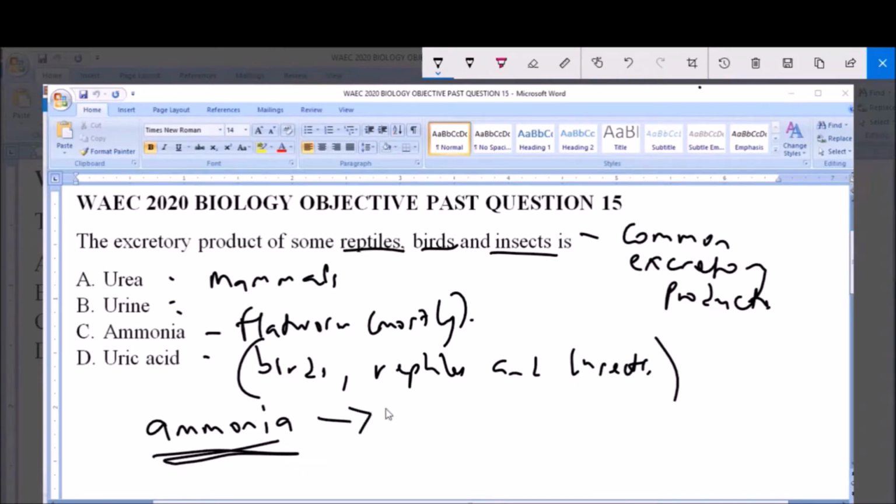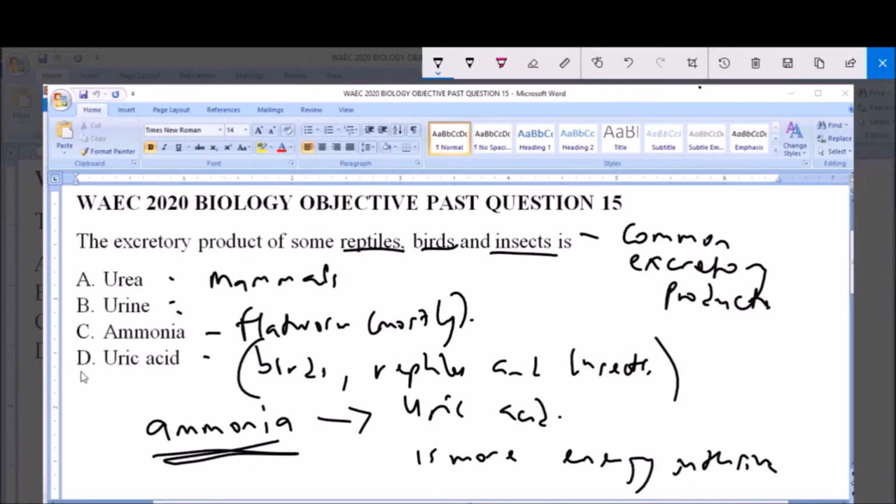Now, for birds, reptiles, and insects, what happens is that the ammonia is converted to uric acid, and the reason why it is not further converted to urea like in the mammals is because conversion of ammonia to uric acid is more energy intensive than conversion to urea. So that's why you have reptiles, birds, and insects producing uric acid as their waste product.